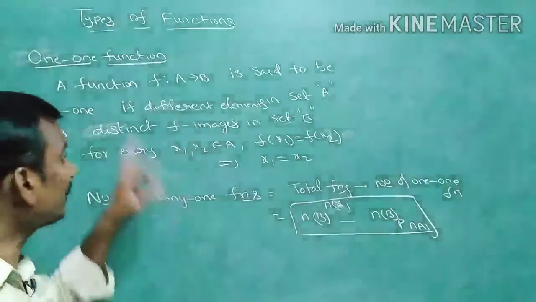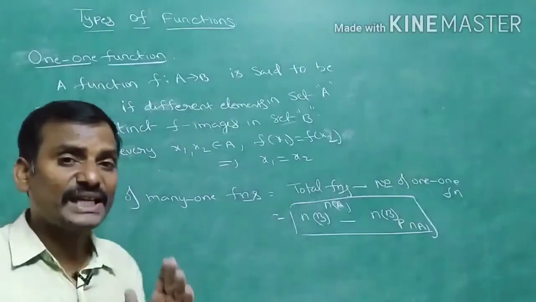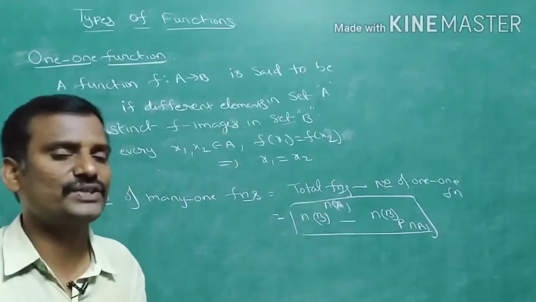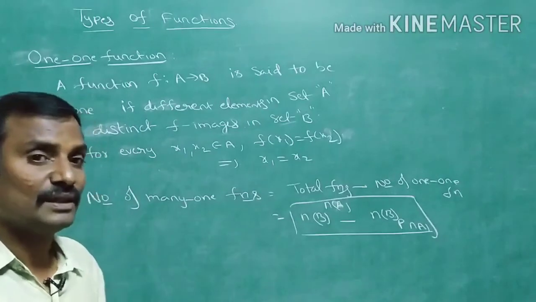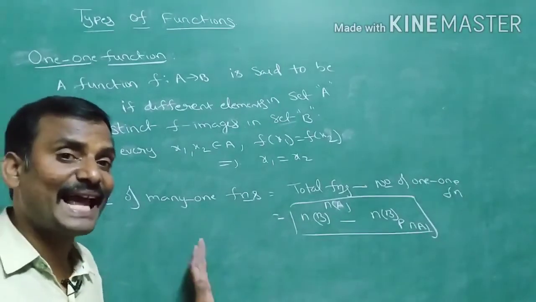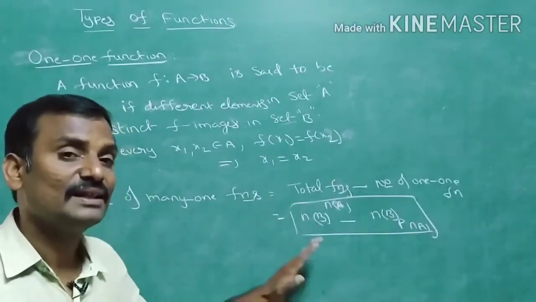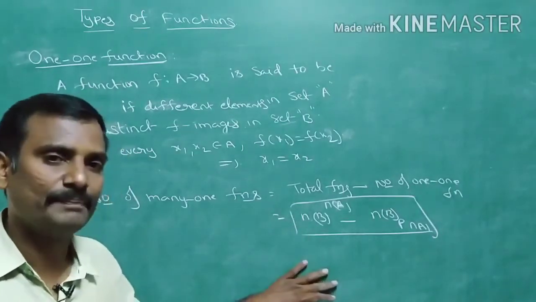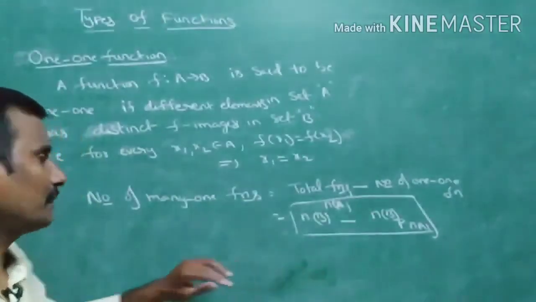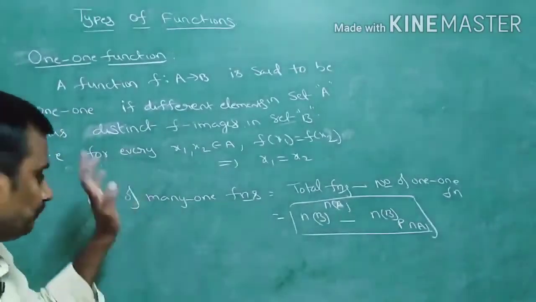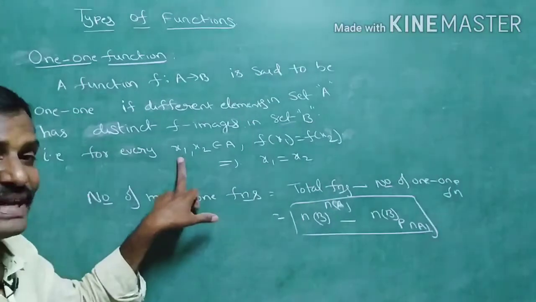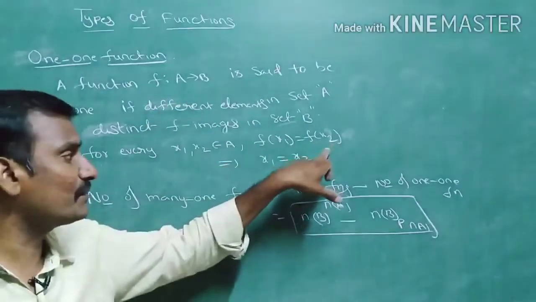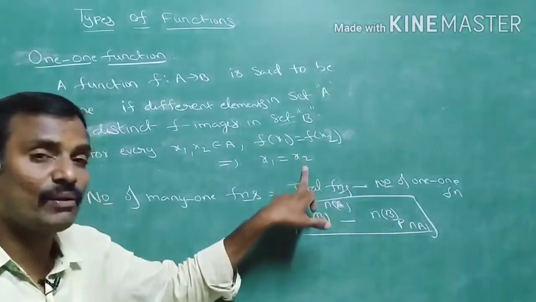Once again, I repeat the definition of one-one. A function f from A to B is said to be a one-one function or injective function if different elements in set A have different f images in set B. So it is enough to prove that for every x1, x2 belonging to the domain such that f(x1) is equal to f(x2), then x1 is equal to x2.